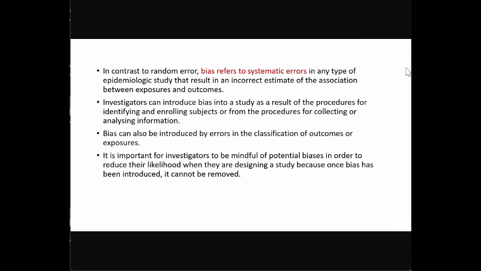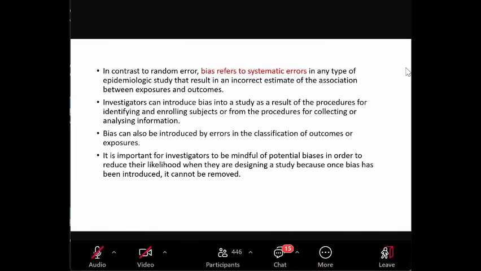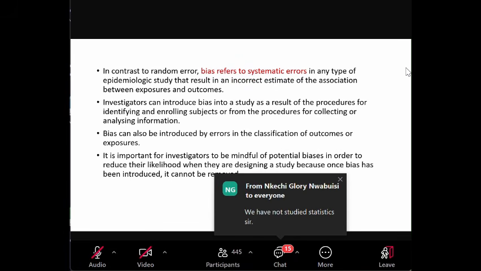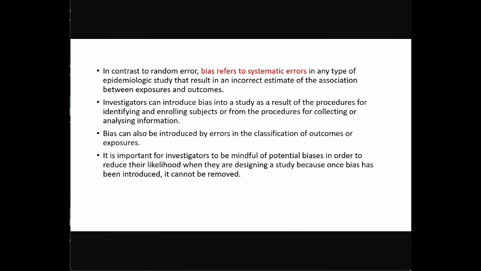Investigators can introduce bias into the study as a result of the procedures of identifying and enrolling subjects. Bias can come in different ways. It can also be introduced by the classification of exposures or outcome. It's a systematic error.